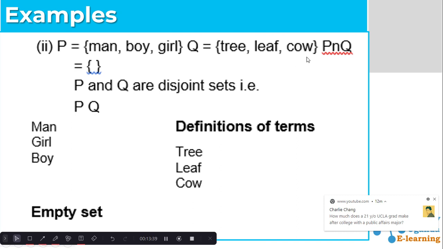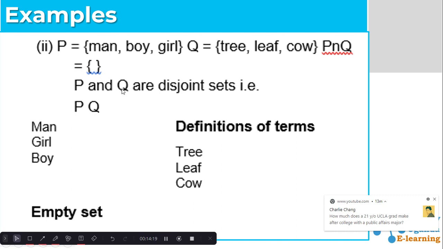Remember we said a disjoint set is not having members in common. So we should be able to identify and see which members are common in these sets of ours. Do we have any members in common? The answer is no. So that's why they are saying that P intersection Q is equal to an empty set.